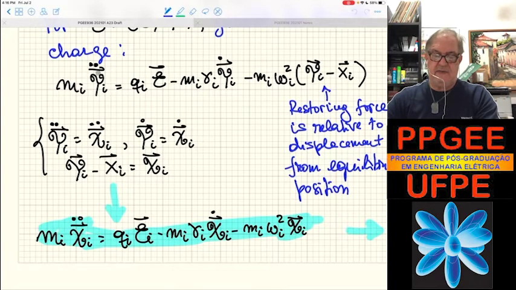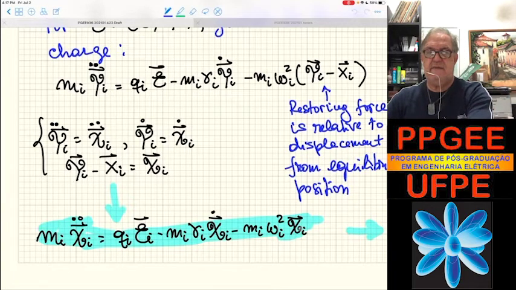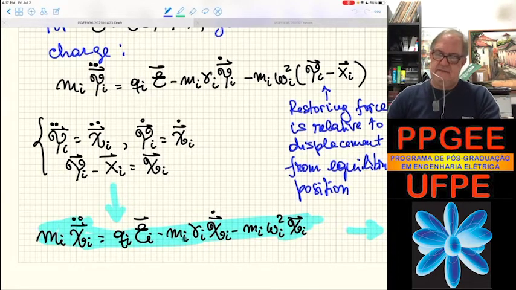So yi becomes xi, with xi double dot, the field, and here we have the relative displacement, okay? And then we break this down in terms of the x, y, and z coordinates for each particle.